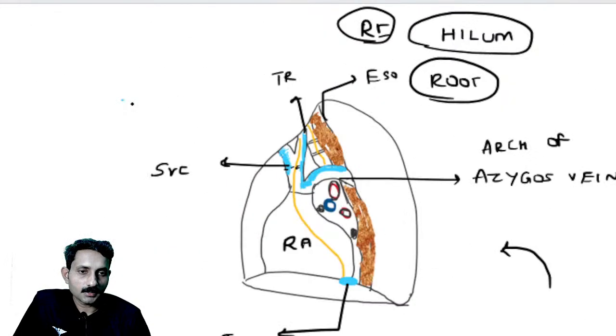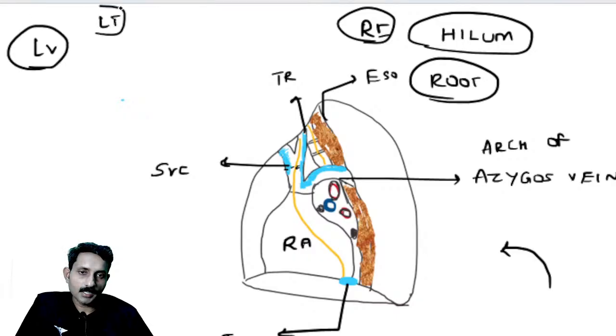Now if it is asked what are the structures on the mediastinal surface of the left lung, instead of the right atrium we will have left ventricle. On the left mediastinal surface, instead of this, what will be there?